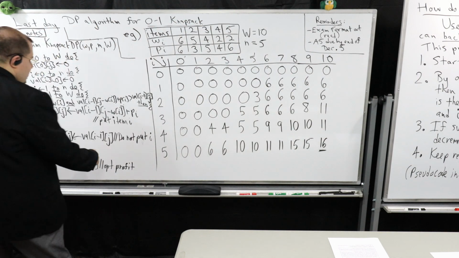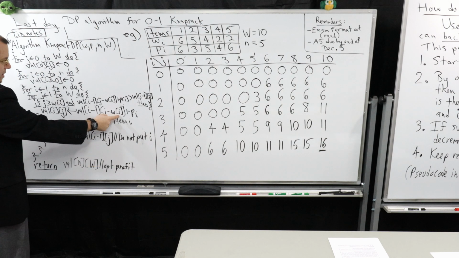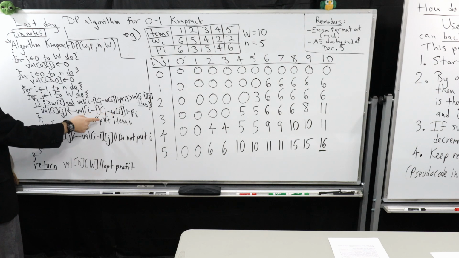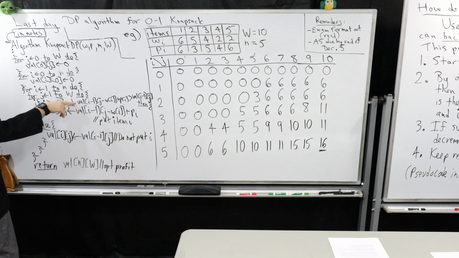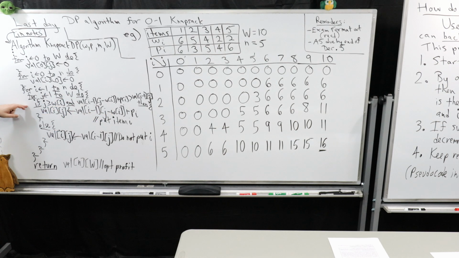J minus Wi. Yeah, so just to elaborate on what I have here. Remember, there are 2 real things that happen. We have to look at those 2 positions. The one directly above us, which is val[i-1][j], so that's the entry just directly above us. The other is to the left, where I subtract off the weight.